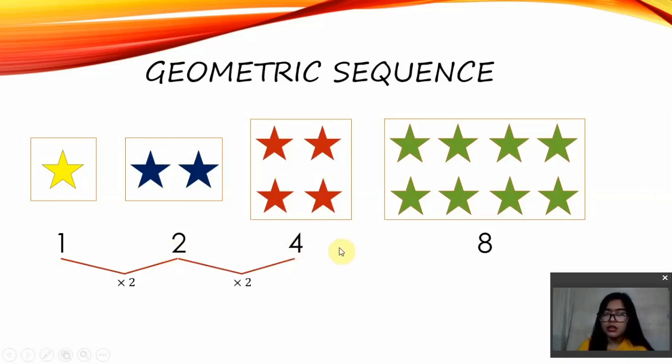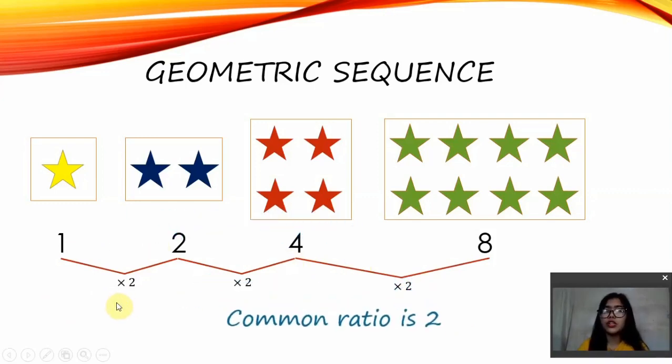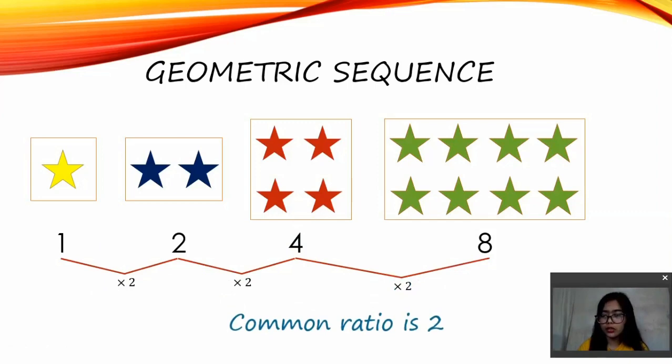And then, 4 times 2 again, we get 8. So, we have similar numbers here na minultiply natin sa bawat term. Times 2, and then times 2. So, itong tatlong 2 na to, yan ay yung common ratio ng geometric sequence na ito. Okay? So, common ratio is 2.